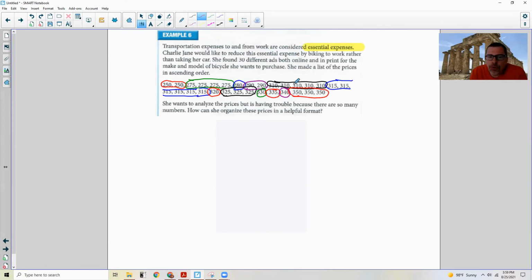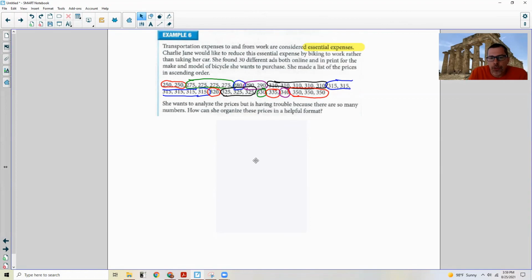Okay, so we just broke those up into their values. She wants to analyze the price, but is having trouble because there are so many numbers. How can she organize these prices into a helpful format?